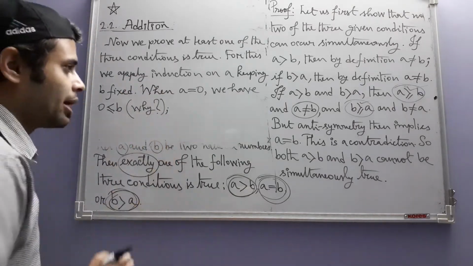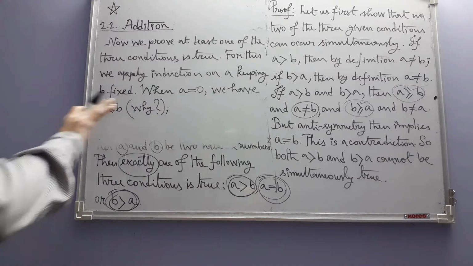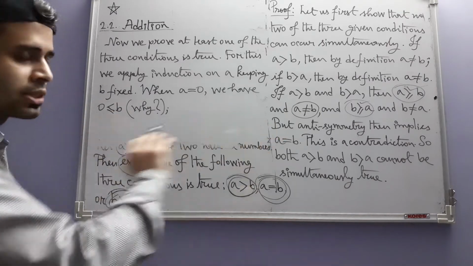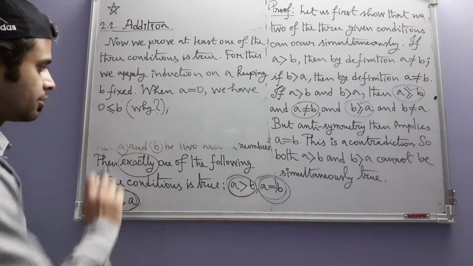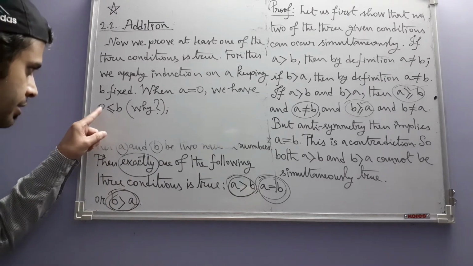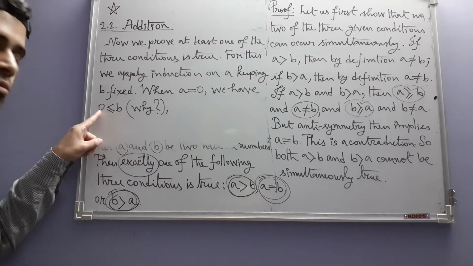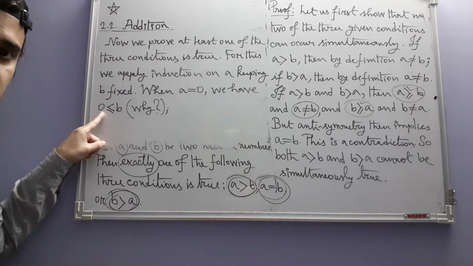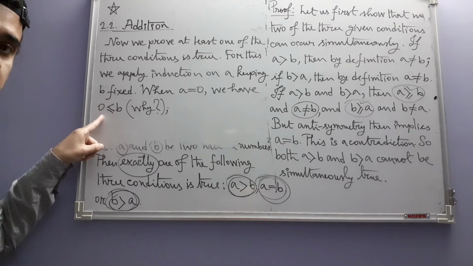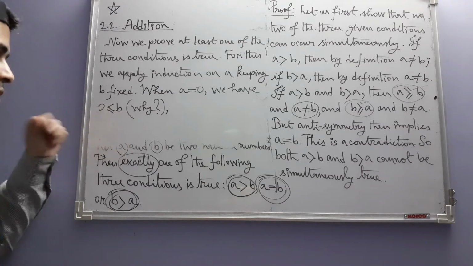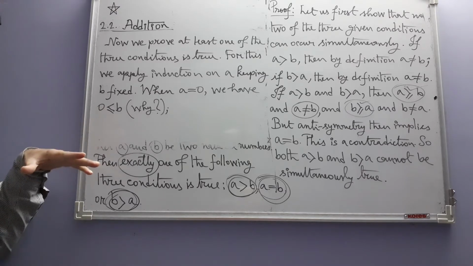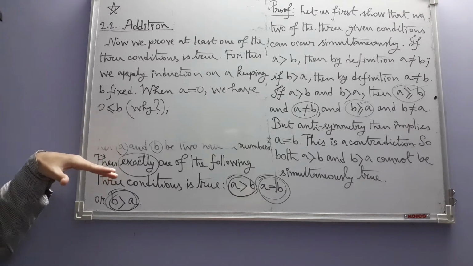Assuming that these why questions have been answered, we proceed with the proof. So when A is 0, we have 0 less than or equal to B. You see, this is something that we already know from our previous knowledge about natural numbers, but we have not yet proved this. Keep that in mind. So we have to justify why this is the case. So that will be done after we finish the proof.